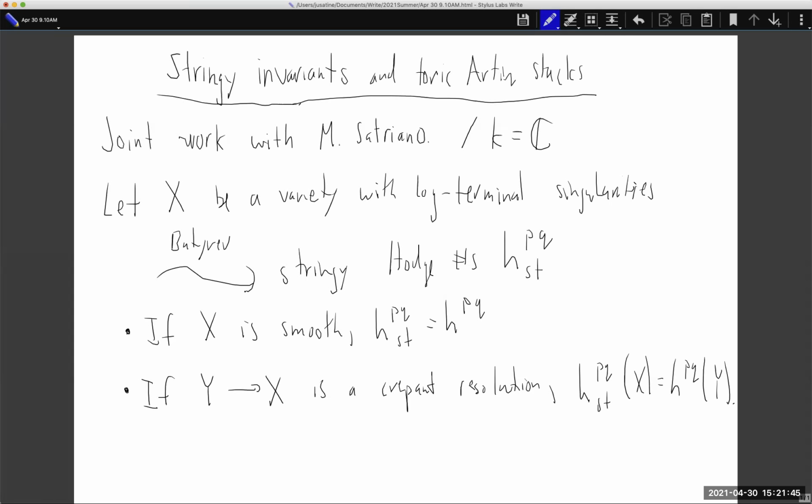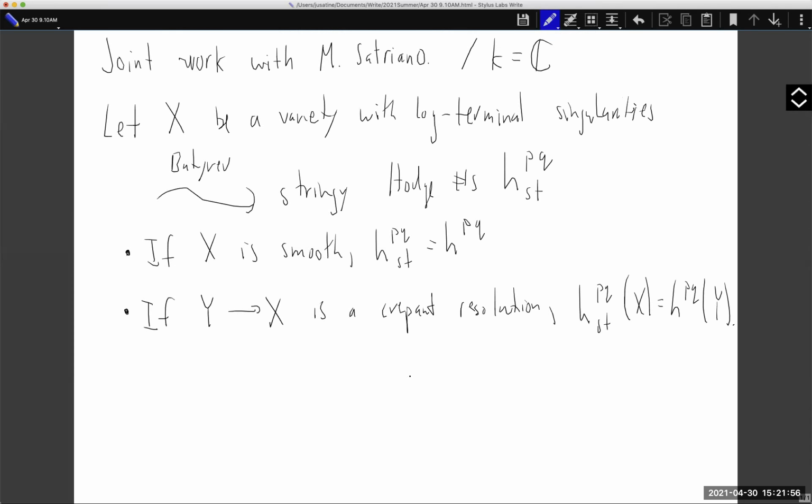And I believe before Batyrev introduced these, it wasn't actually known that if I had two crepant resolutions of X, they should have the same Hodge numbers. But that comes out as a direct consequence of showing that they're both equal to the stringy Hodge numbers of X.